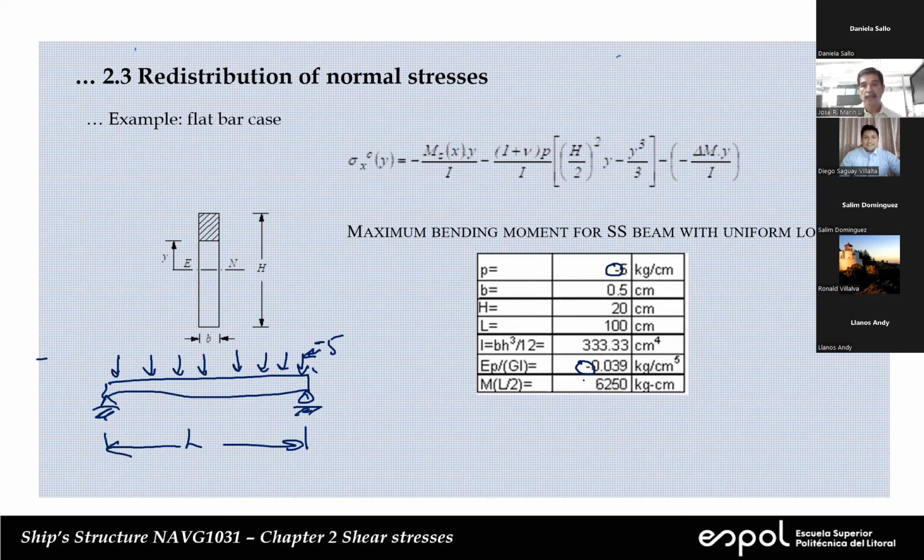Okay, and we're going to analyze at the central point, at the central section, and this is the value of the bending moment. So this is basically the value is going to be P0 L squared over 8, I think. You can do the calculations later, okay?